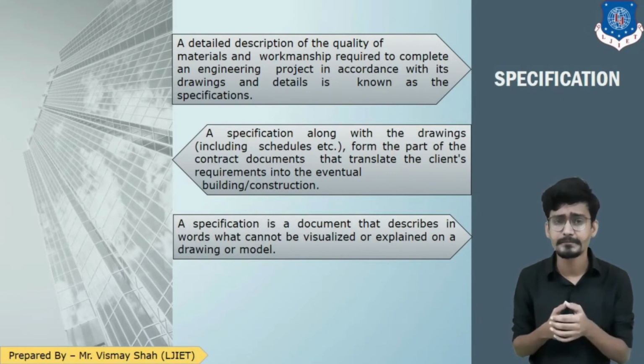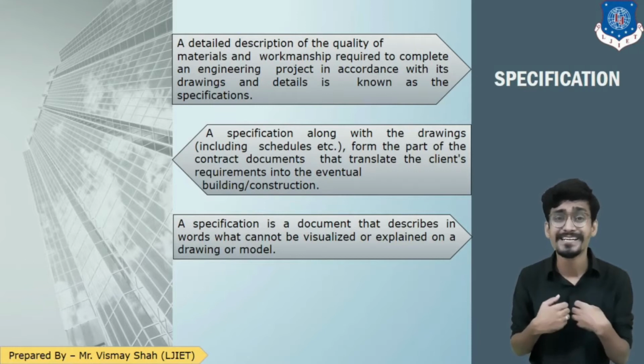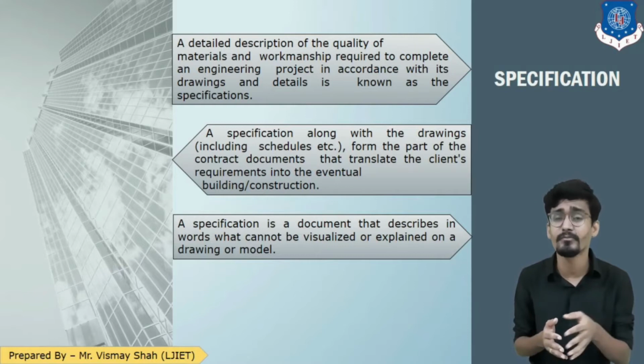In other words, a specification is a document that describes in words what cannot be visualized or explained on a drawing or a model. In a construction project, there are certain details which you cannot provide in the drawing, or there is a limitation that the drawing cannot explore everything regarding the quality of material, quality of workmanship, method of preparation of items, and other things.